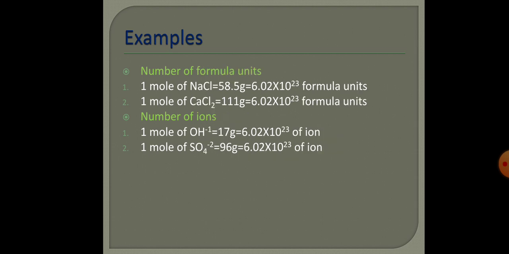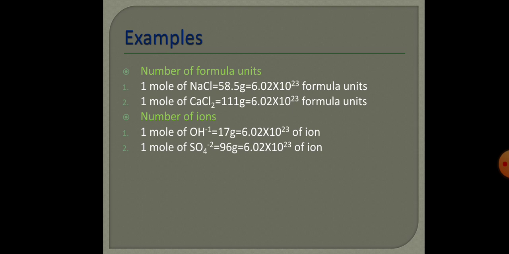In the same way, in case of an ionic compound like NaCl and calcium chloride, if we are going to take a mass which is equal to its formula mass, then that quantity would be 1 mole and 1 mole again contains Avogadro's number of particles or Avogadro's number of formula units.